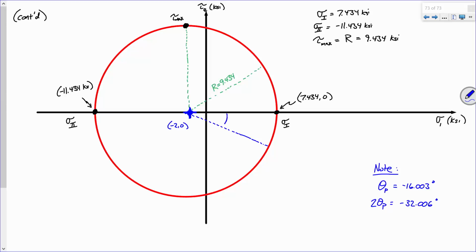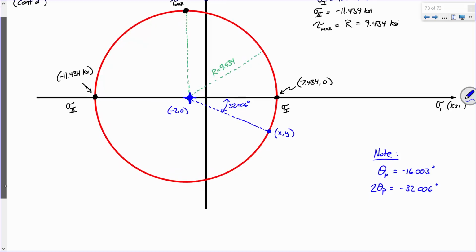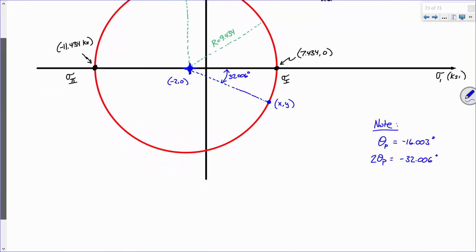So this is 32.006 degrees? Everybody okay with that? What I want to know is what are the x and y coordinates right there. So how do I do that? Let me scroll down a little bit. Would you agree that I could idealize that as a triangle that looks something like this?